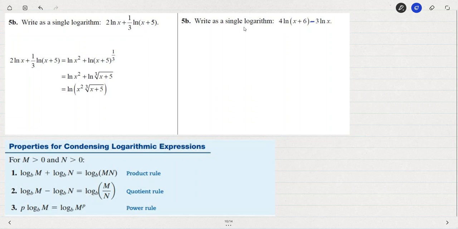We could say that if we write these as a single log, 4 times the natural log of x plus 6 minus 3 times the natural log of x is going to be 4 times the natural log of x plus 6 divided by, so this minus, when we have the difference of two logs, is going to be the quotient. So 3 natural log of x.